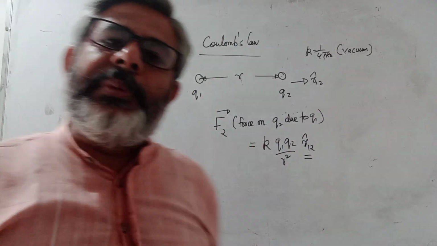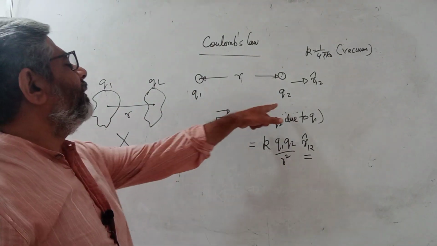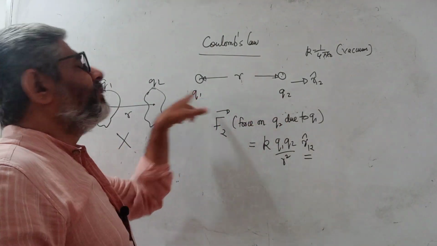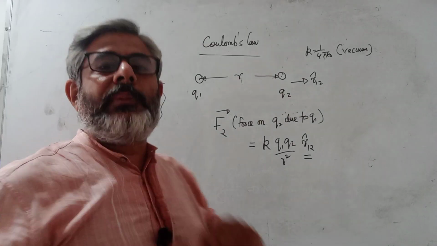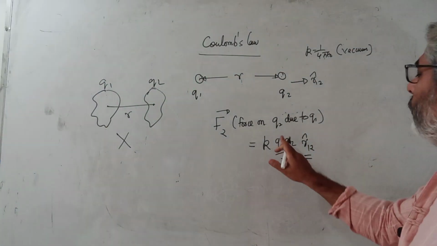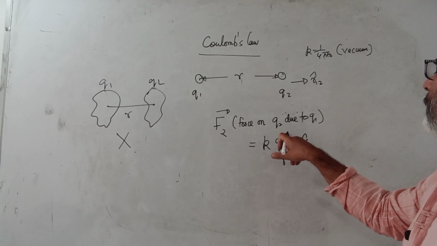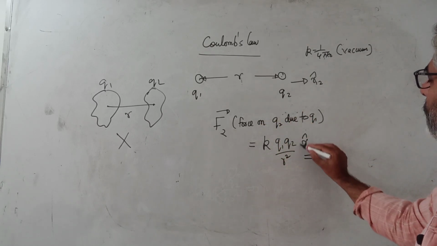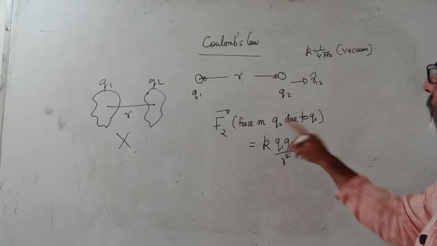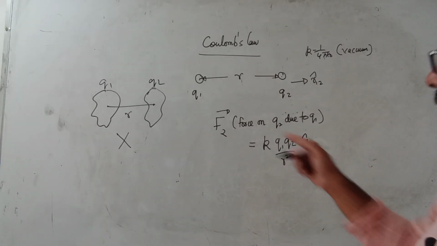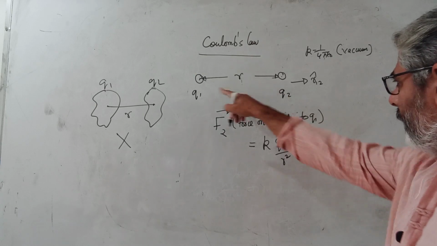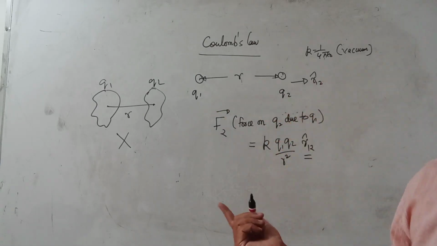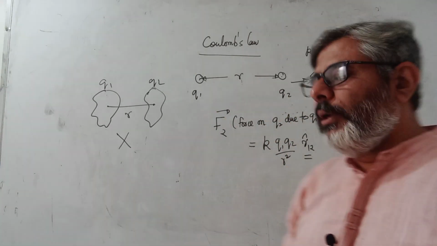But you will ask me a question, sir, what happens if, let us say, this is negative and this is positive, or both are negative or both are positive? Now see, if both are positive, positive is positive, so the force on this will be in the direction of this, because plus is plus. Similarly, if both are negative, so minus into minus is also plus, in maths.